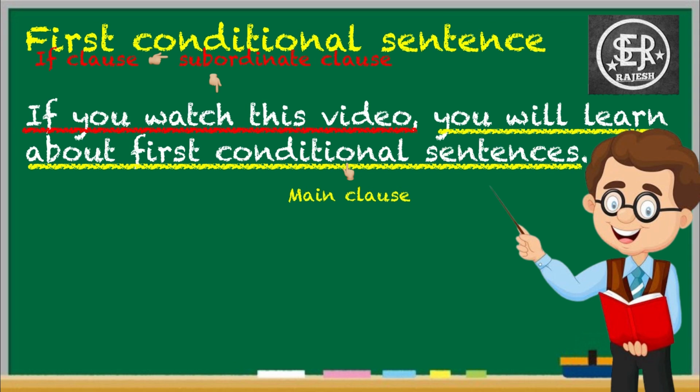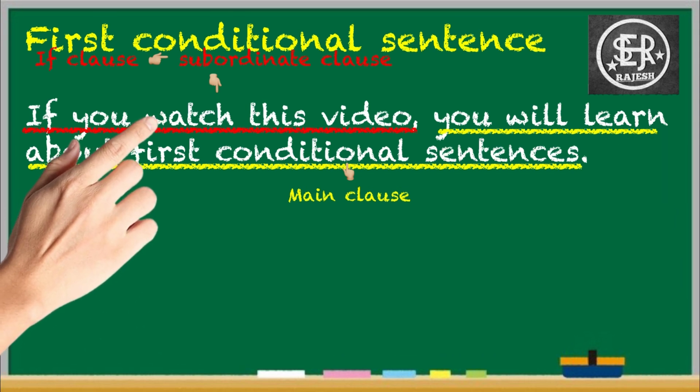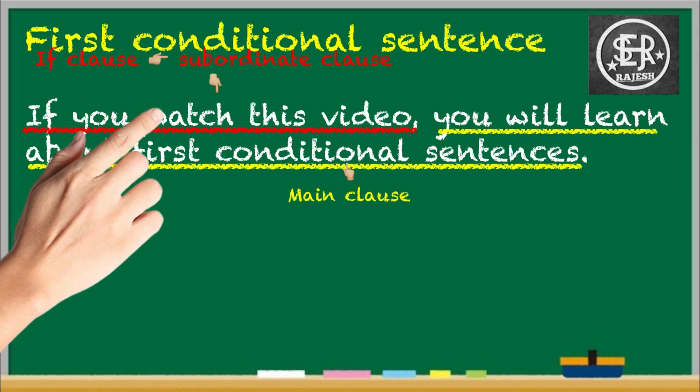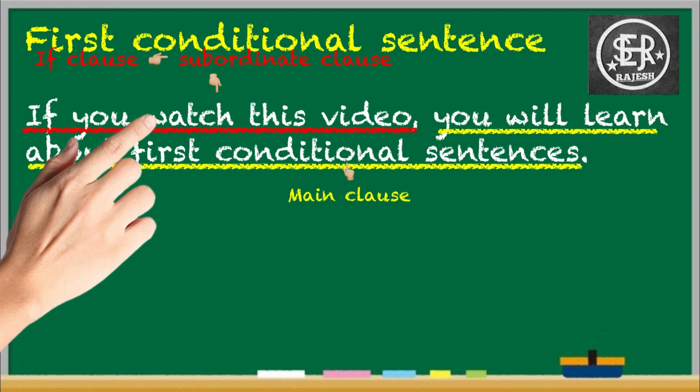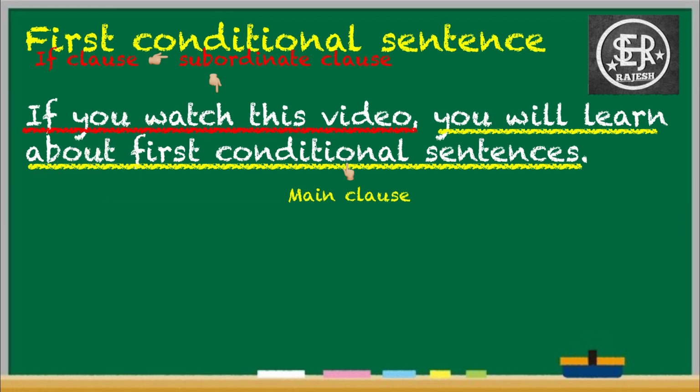How will you learn? If you watch this video. That is the condition. This condition is what we call the if clause and subordinate clause. Then a condition is said here: if you watch this video, it will have a result. What is the result? You will learn about first conditional sentences. This result is also called the main clause.